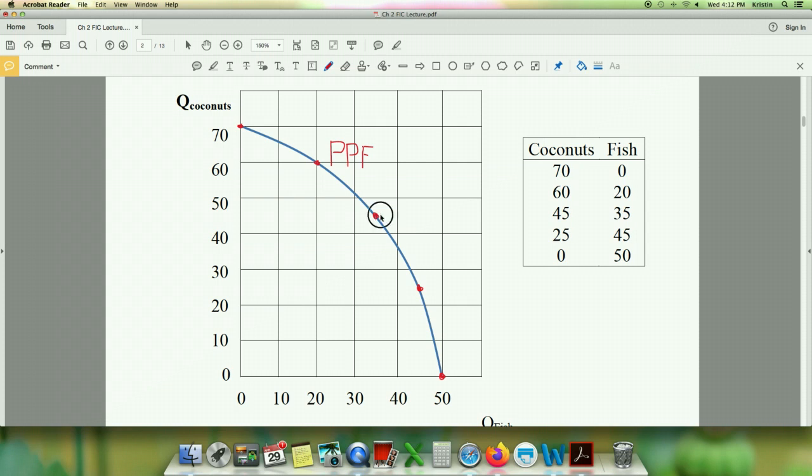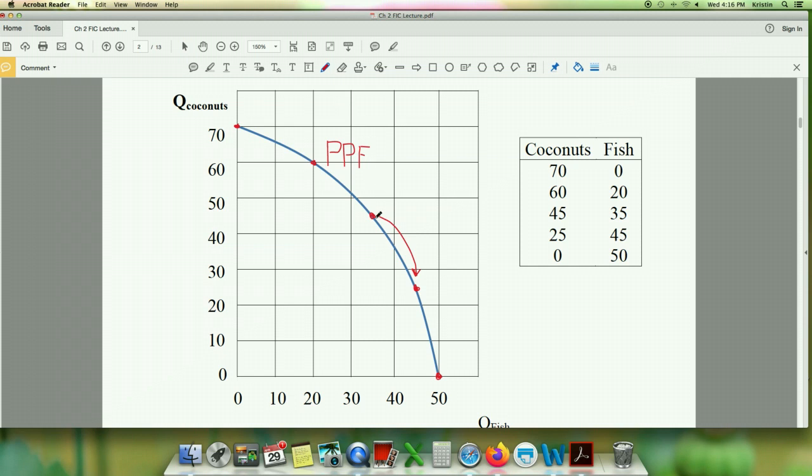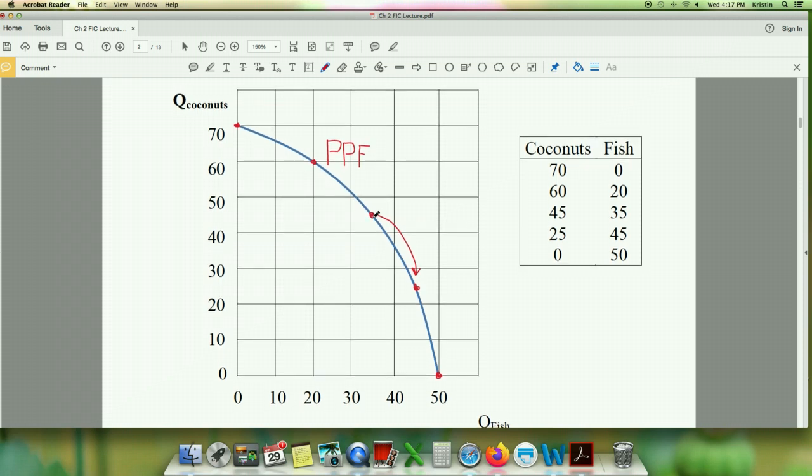And so that's going to require them to move to this point here. The only way to do that is to give up some coconuts. Okay, so they would have to give up coconuts in order to get the extra fish.